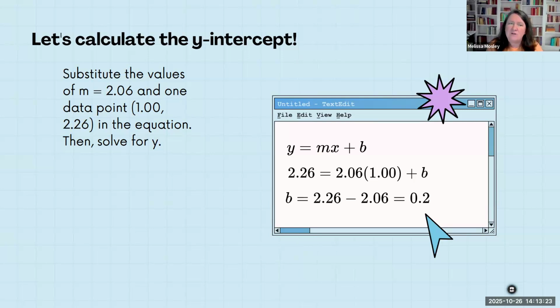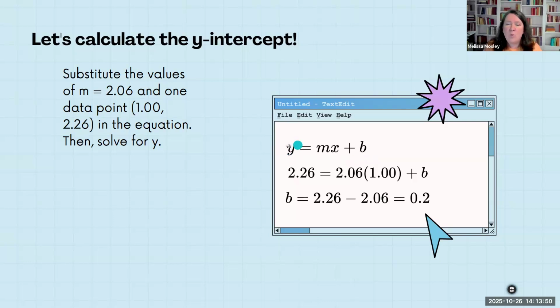So we're going to substitute some values. So we have the slope of 2.06, and we have one data point. We have the data point of 1.0 and 2.26. Okay, now we're going to solve for y. So we take the entire slope-intercept form equation, y equals mx plus b.